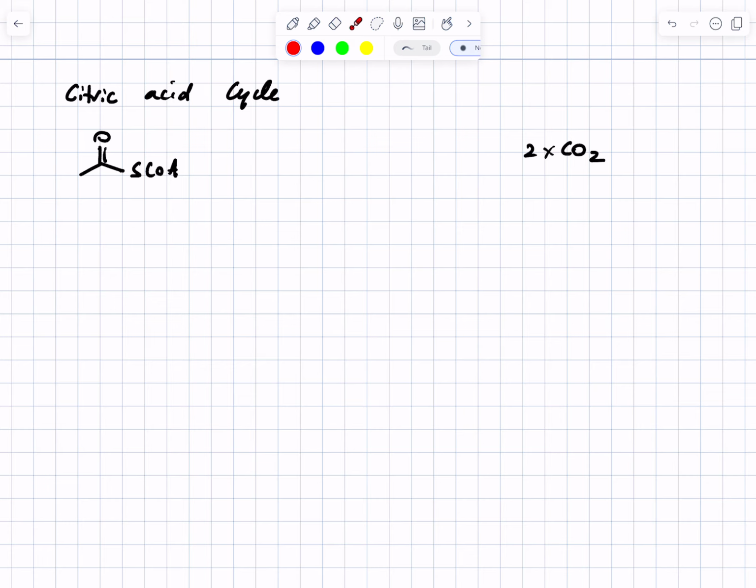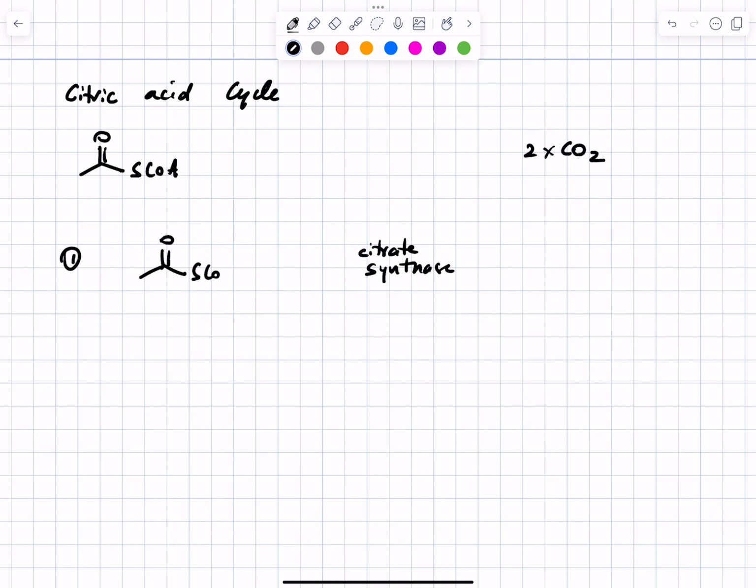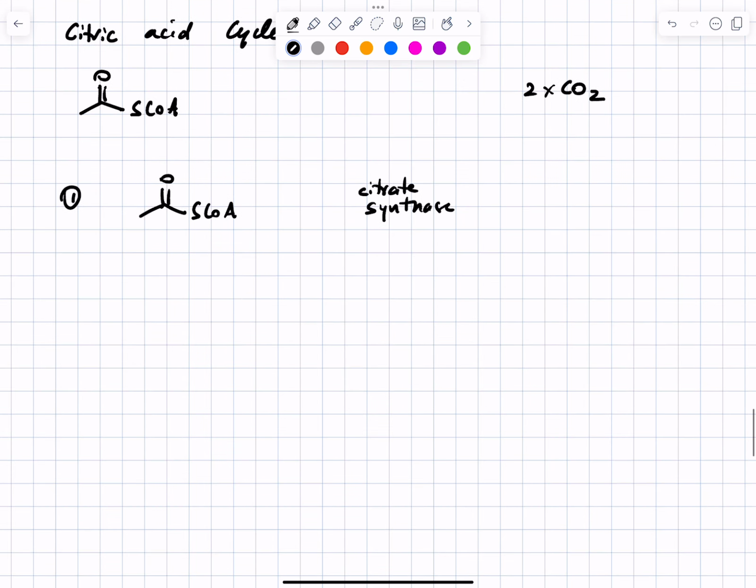All right, so step 1 involves a step catalyzed by a molecule called citrate synthase. And you're going to take acetyl-CoA, and then you're going to take a starting material that's already present in the citric acid cycle, and it's called oxaloacetate.